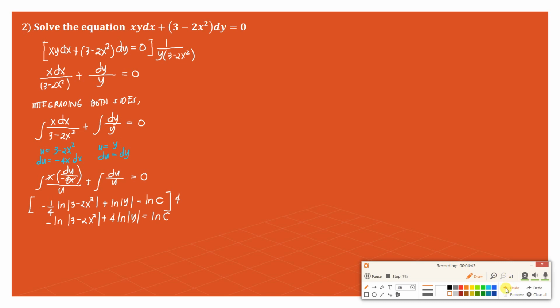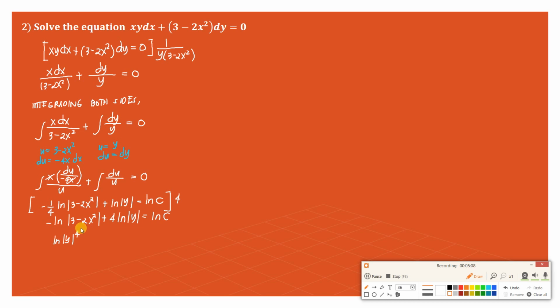No, kahit may 4 pa yan, it doesn't matter kasi constant pa rin siya. Aayusin ko lang muna to. Yung 4 ln of y, yung 4 pwede nang gawing exponent. So, we have absolute value of y to the 4.